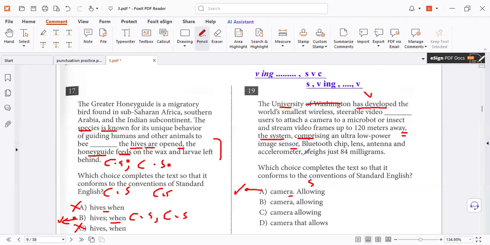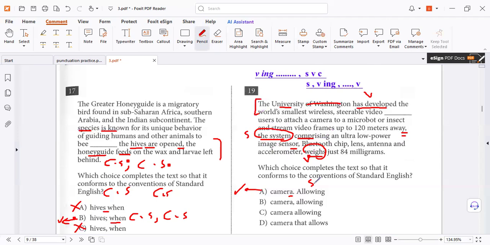Look, and then the verb. So between the subject and the verb, we can add any details. As I told you, phrases, clauses, essential, any non-essential. But we have subject, we have verb. So we have a sentence. Now we have two sentences.